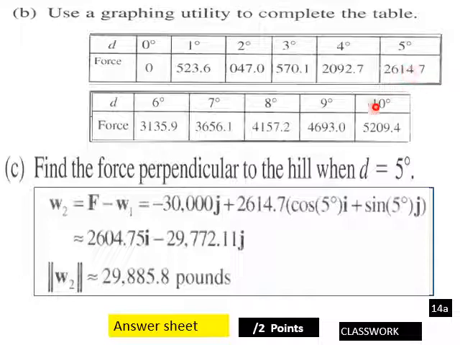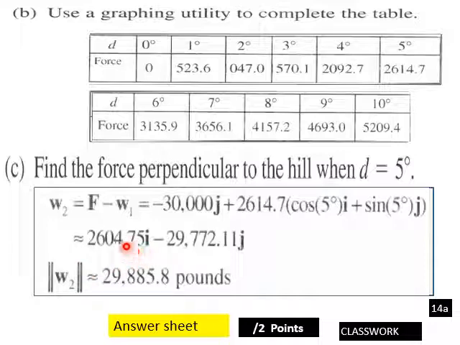Then we multiply that through by cosine 5 degrees I plus sine 5 degrees J. When we crank this out, we get 2604.75 I minus 29,772.11 J. So this is what happens when we multiply through on these values.